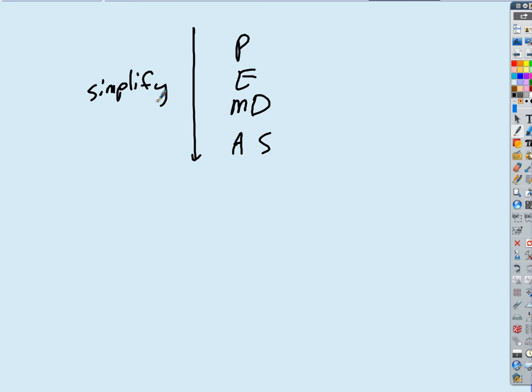Now I mentioned last week that if we want to isolate a variable, so we're going to solve an equation, which is the same thing as isolating a variable, we're going to reverse the order of operations. Here's the rule. We're going to simplify the equation until you can point to a single variable, and as soon as you can, we turn around and we reverse the order of operations to solve for that variable. This is all stuff you already know how to do, I promise you.